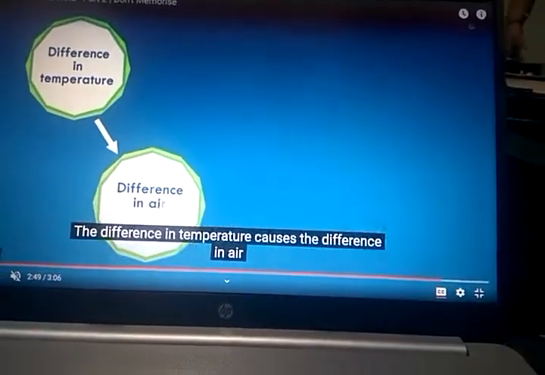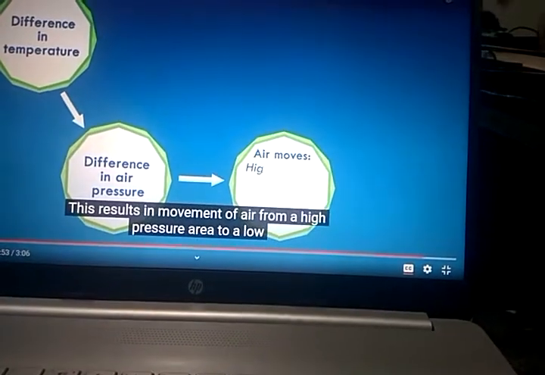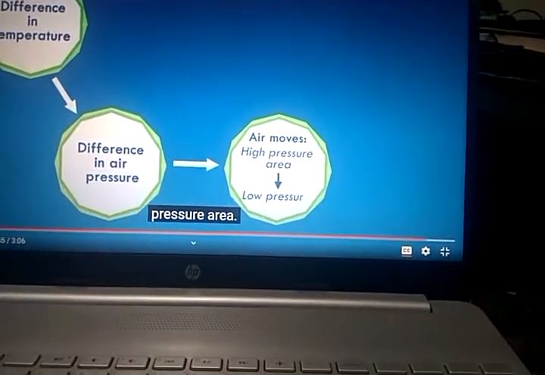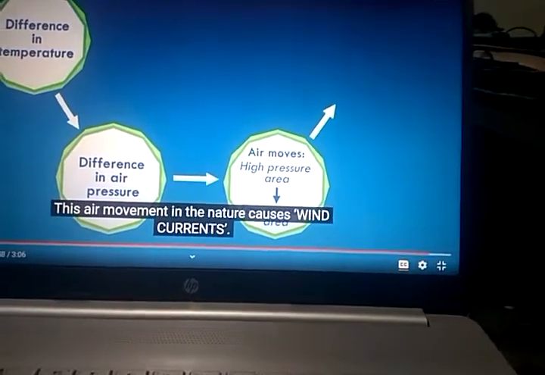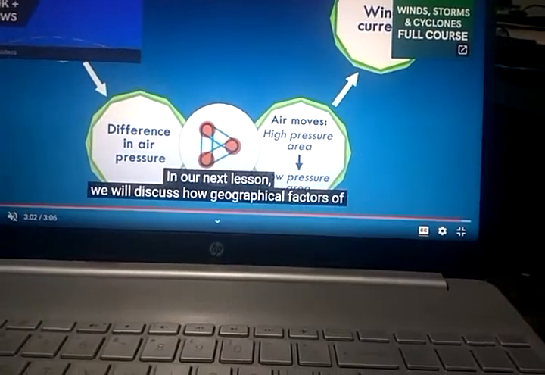So the concept is difference in temperature, difference in air pressure. So air moves from higher pressure to lower pressure, and this is called wind currents.